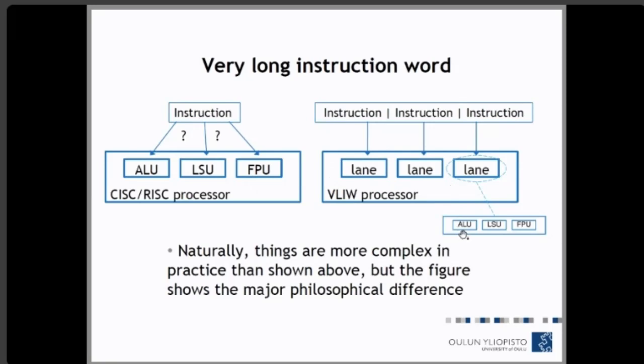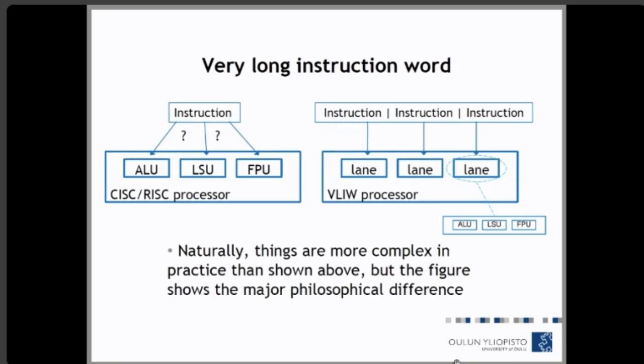Within this lane, there is an ILU, there is an LSU, there is an FU. LSU is load store unit, FU is floating point unit. So in a sense, we have multiple small processors put together next to each other. Here is a 3-lane VLIW processor, meaning that there are 3 small processors next to each other. And you can have instructions for this processor running in parallel to instructions for this processor and this processor.